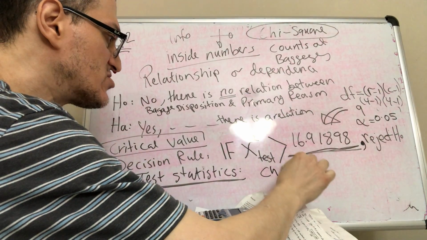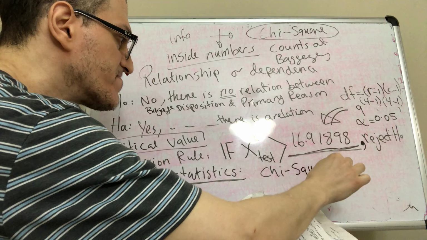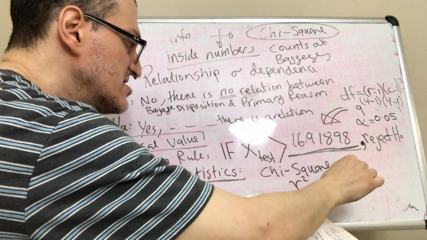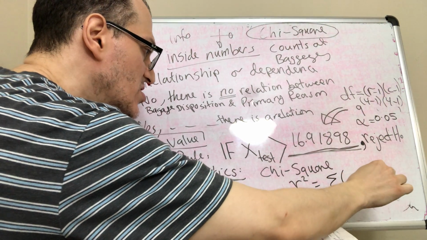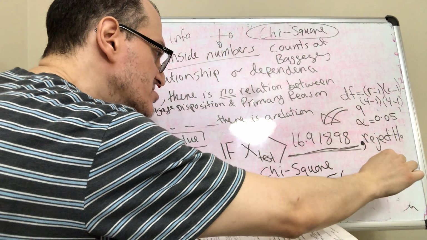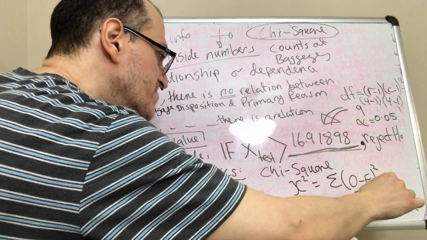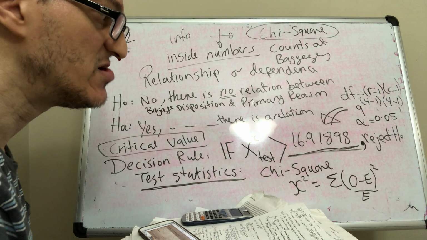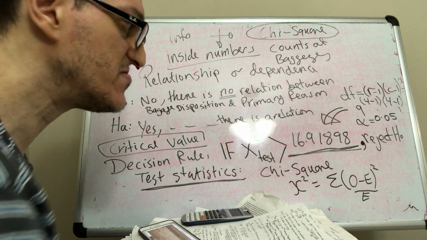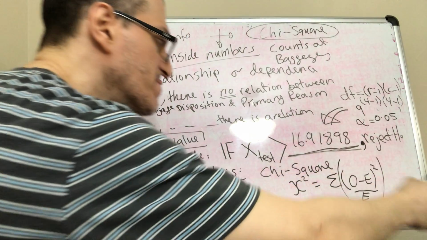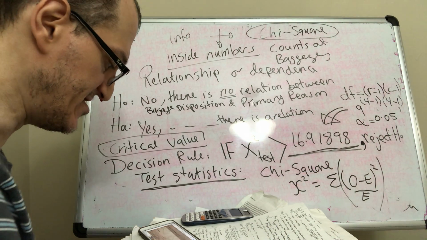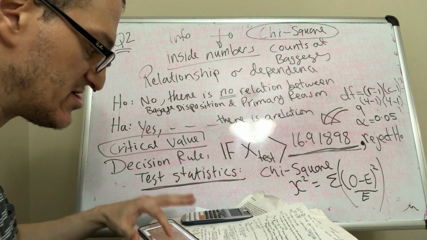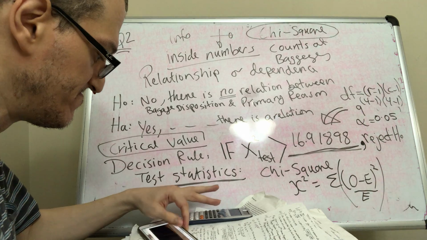So just say it's going to be chi squared, and the formula is the sum of O minus E squared over E. You also see this in your formula sheet. It's the chi-square formula of the summation of O minus E squared over E. And that's all you needed to do for this one. So just provide what the test is.